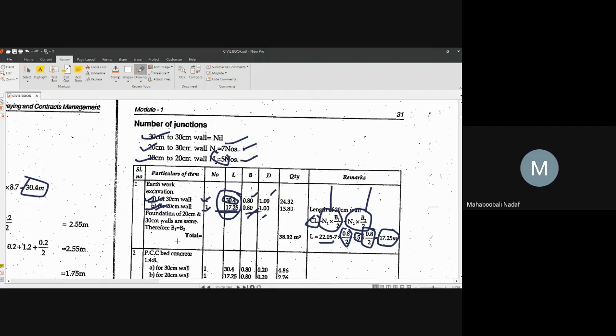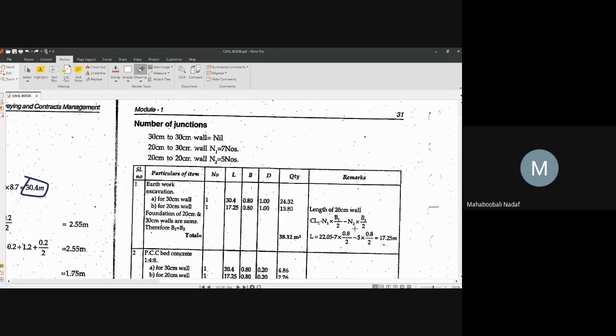I will repeat once again. As there are no external 30:30 junctions, there is no correction for the 30.4 length. Whatever you have calculated, simply write it for the 30 centimeter wall. But for the 20 centimeter wall, there are so many junctions, so you do the corrections. Original 20:20 center to center length, minus N1 into B by 2, minus N2 into B by 2.